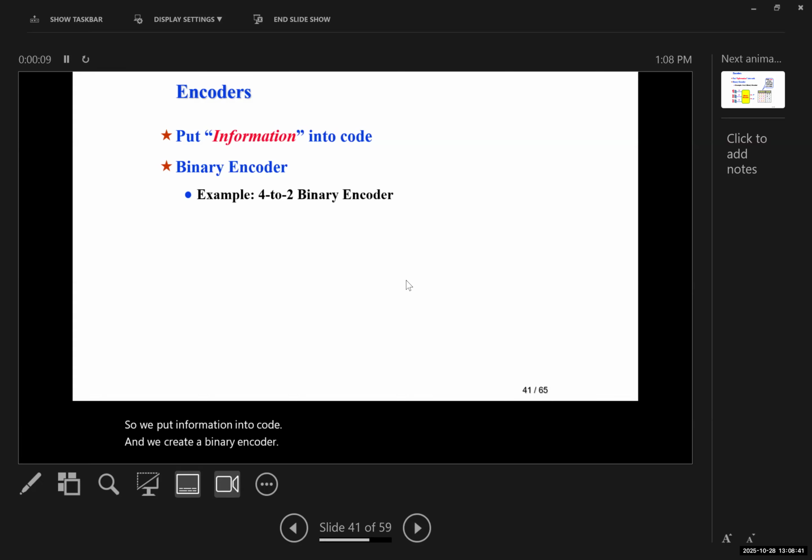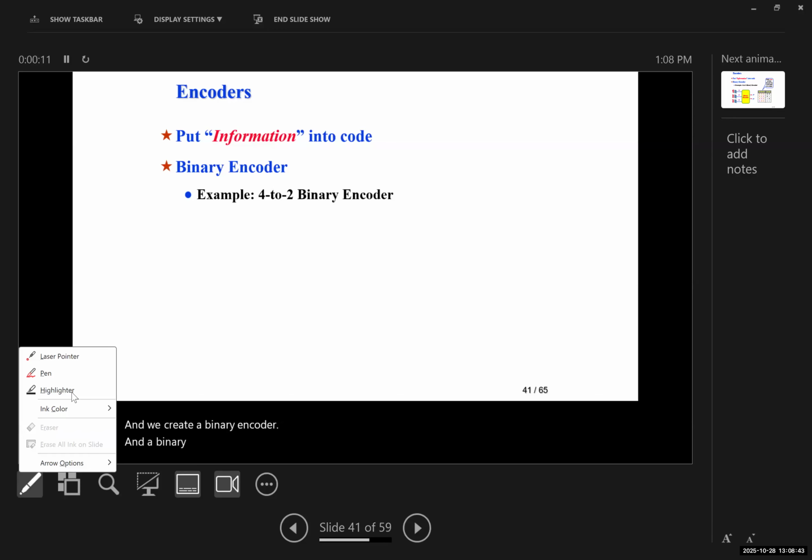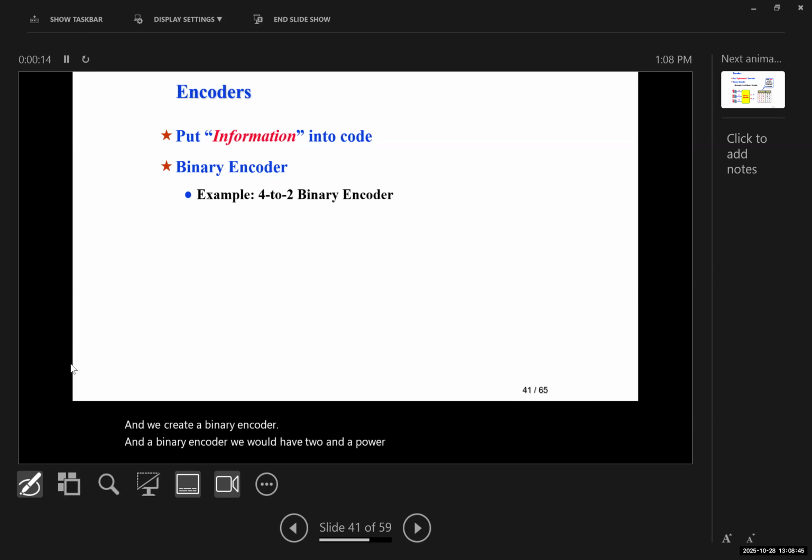In a binary encoder, we would have 2 to the power of n inputs, and we would have n outputs. So if we have 4 inputs, we would have 2 outputs.